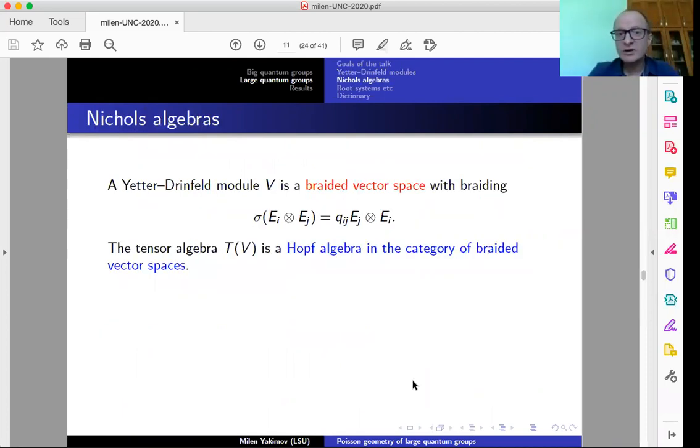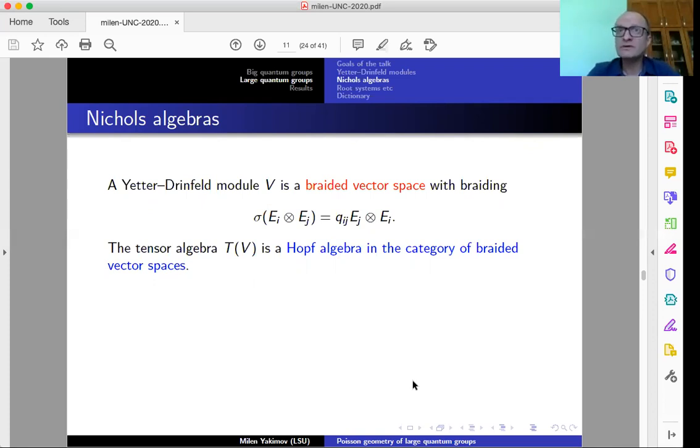Nichols algebras are also something that's very easy, but they also play a fundamental role because in a way Nichols algebras provide a fundamental framework for treating quantum Serre relations in a way that's not case by case.